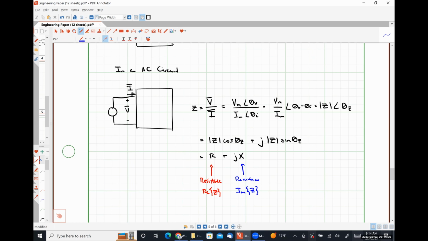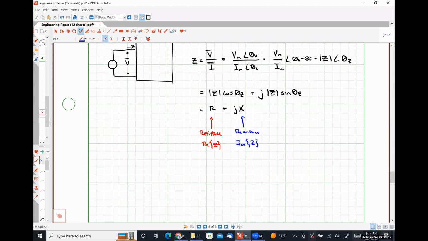So I want us to find the impedances of resistors, capacitors, and inductors based on these relationships, right? So for a resistor, the impedance ZR is by definition the ratio of the phasor voltage to the phasor current.